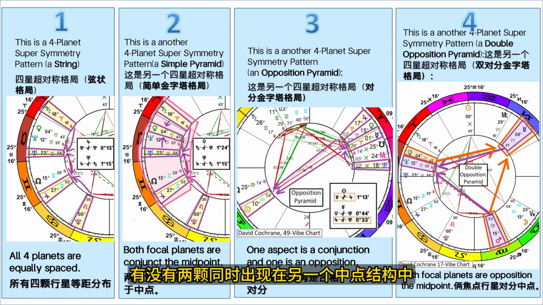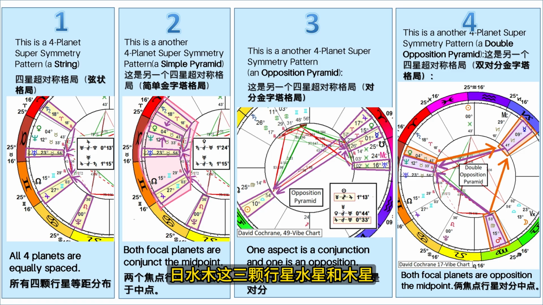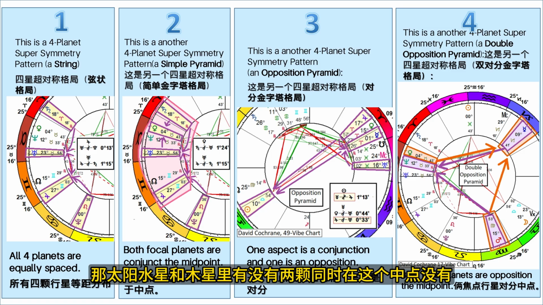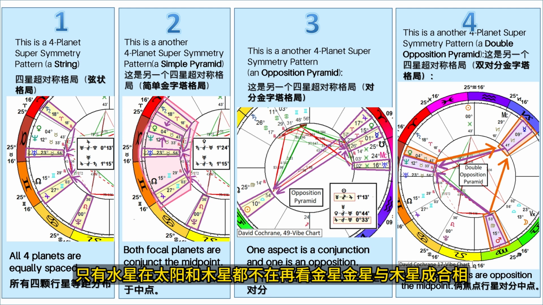Yes, I see them. I see Sun, Mercury, Jupiter. I see Mercury and Jupiter. So Mercury and Jupiter are in the Mercury conjunct Jupiter-Uranus midpoint. Are two of these, Sun, Mercury, and Jupiter, in this midpoint? No, only Mercury is. Sun is not, Jupiter is not.